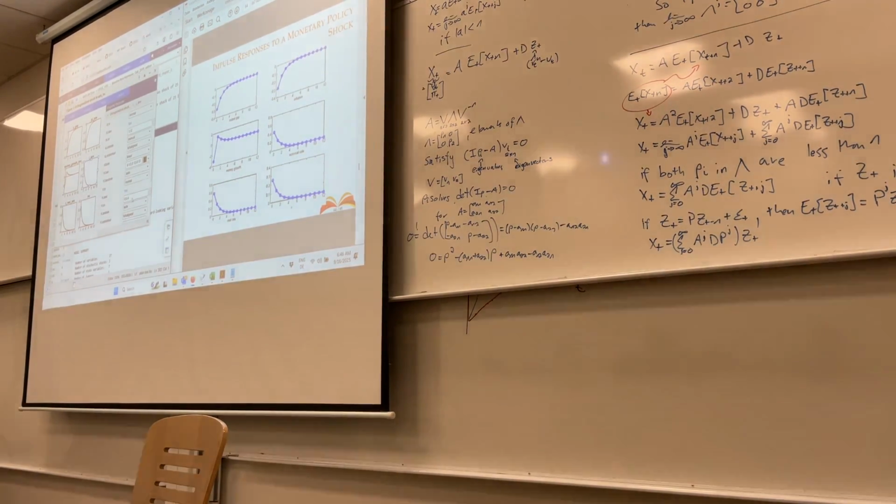For the nominal interest rate, we want to go from 0 to 0.8. For inflation, we want to go from minus 0.4.